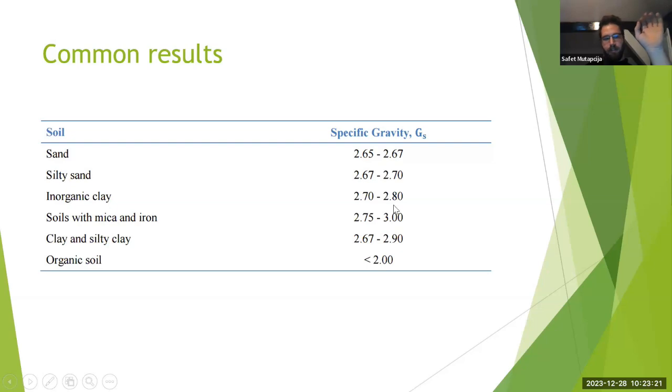Usually, it is safe to assume it's going to be 2.665. If you're not going to do the test, if you're going to do a calculation, you can assume that, and it's probably going to be fine. Just in case you're not going to have your own laboratory test, sometimes you can just assume the result.